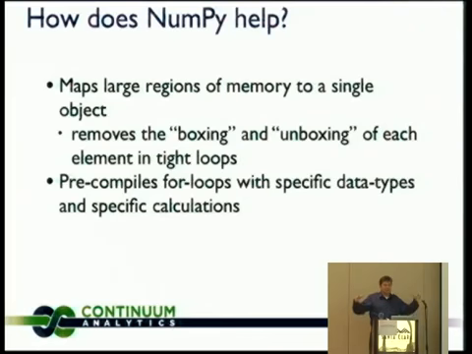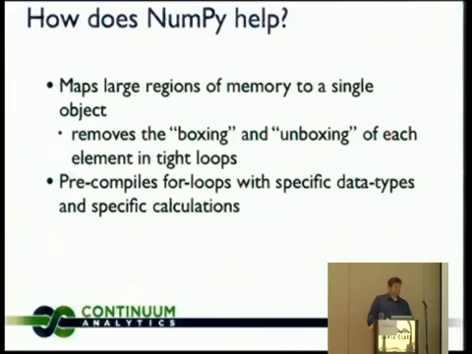So NumPy aggregates all the data together in one blob, in one big chunk, and then has one object pointer to that. So it's all very raw, basic data. There's types like floats, ints, all the basic C types, and then you can combine those together into arbitrary structures as well. So one big thing NumPy does is give you the ability to deal with a large amount of data without all the intermediate unboxing and boxing.